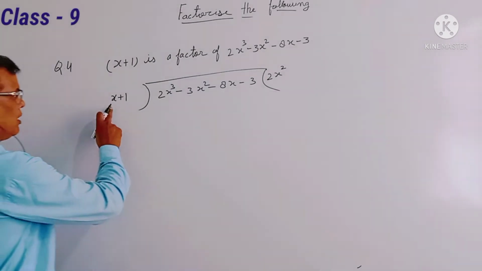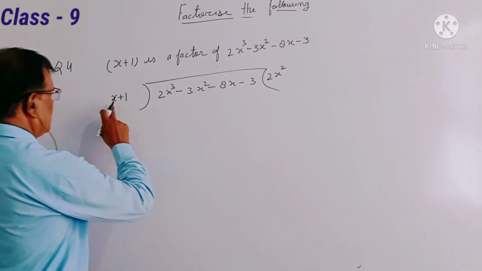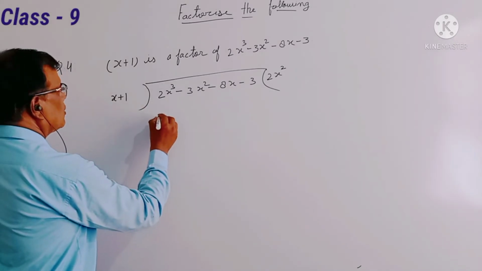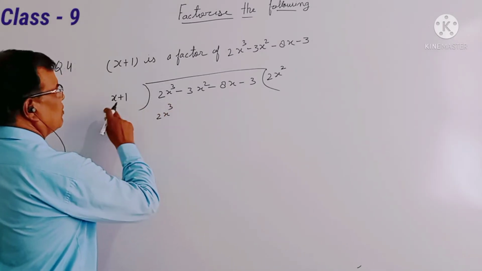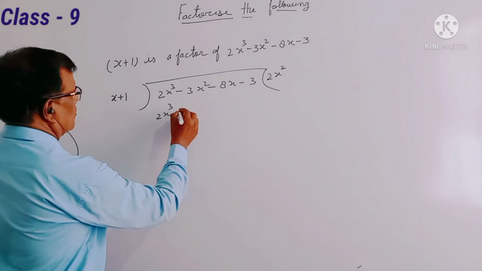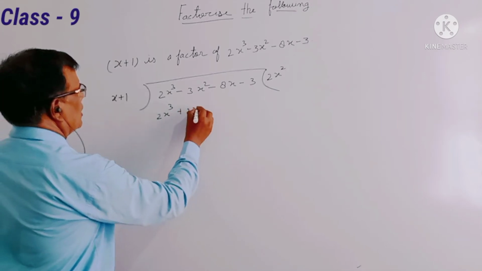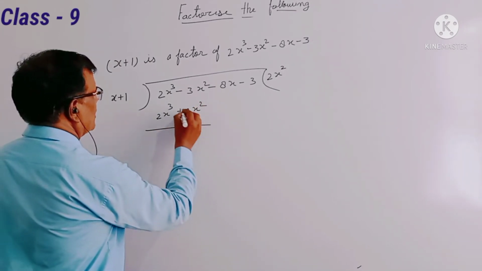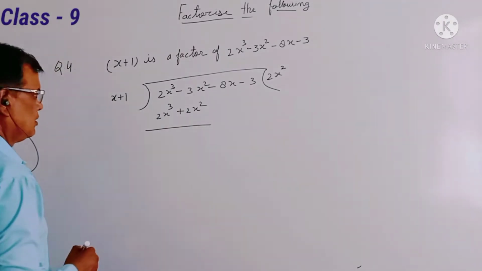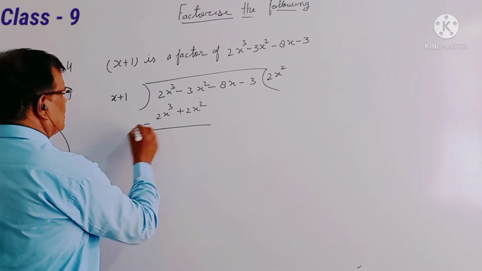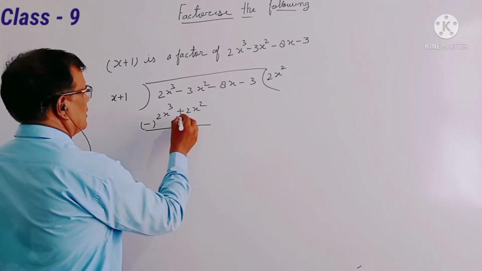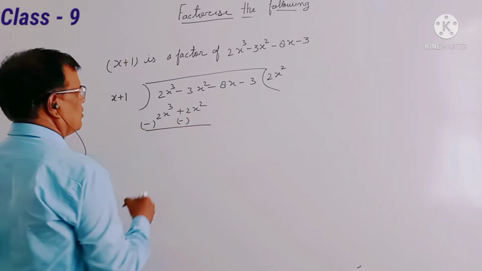So first we multiply 2x square by x and then by 1. Then it will be 2x cube when we multiply, and plus 2x square. We write it under like terms, and then we subtract and change the sign. Then it is plus, so we have changed it, and it is also plus, then it will be minus.